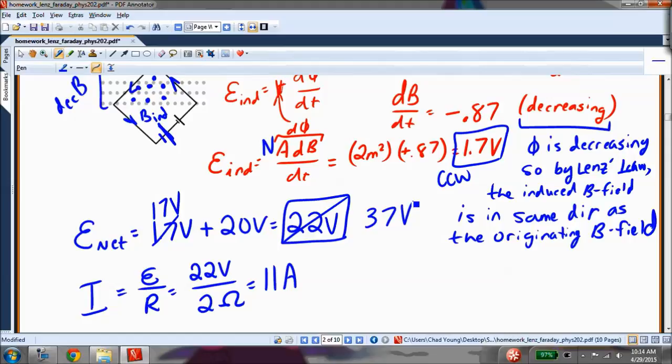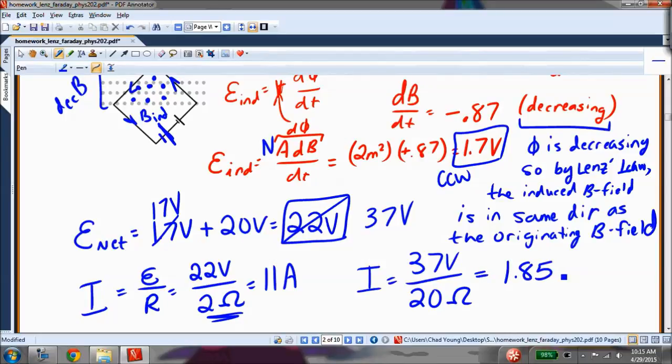All right, so when I calculate my new current, it will be 37 volts divided by 20 ohms, because I also increased the resistance by a factor of 10, because where I had one loop had 2 ohms of resistance, 10 loops will have 20 ohms of resistance. And I get a current that's equal to 1.85, or we'll call it just 2 amps.